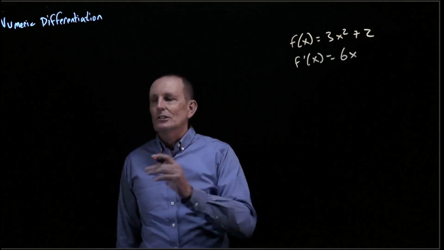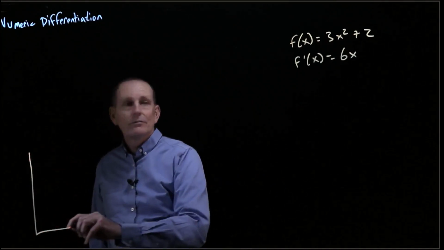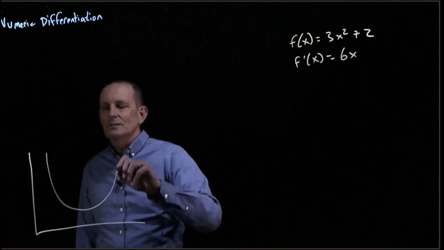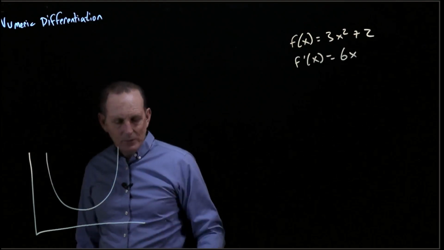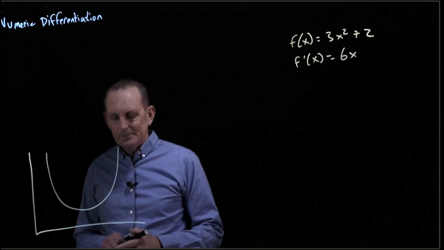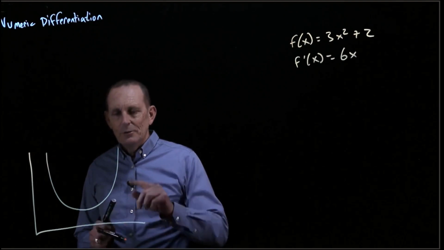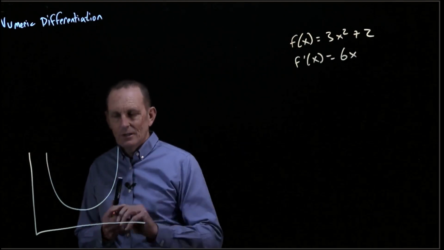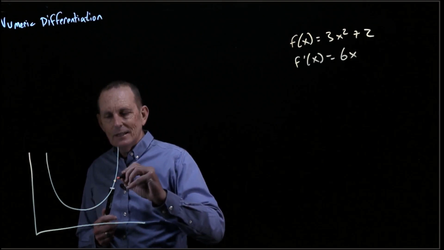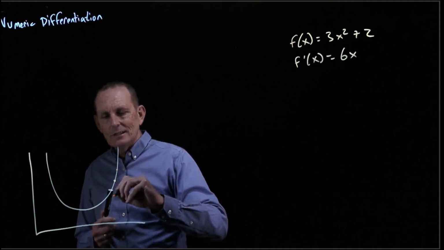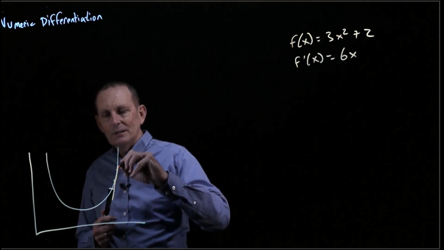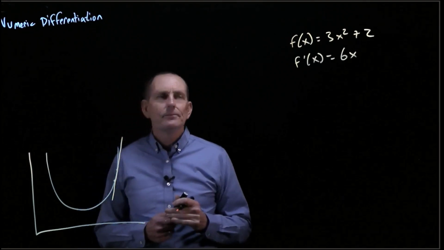So basically, looking at the slope at a certain point. If we look at 3x squared plus 2, it looks something like this. And the derivative is the slope of the tangent. We can look at the secant, which is, let's say, the slope between two near points.